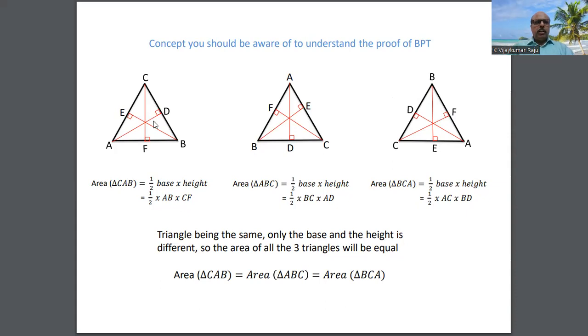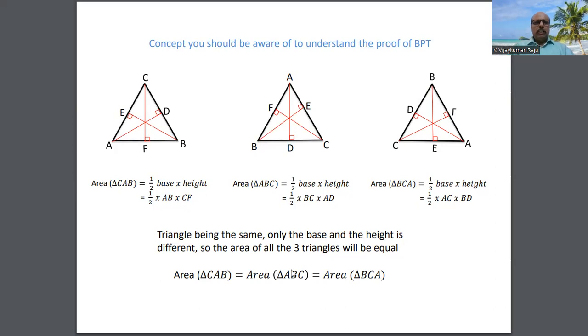Now if you see, it is one and the same triangle, only we have been changing the base and the height. So the area of all the 3 triangles will be equal. That means area of triangle CAB is equal to area of triangle ABC is equal to area of triangle BCA.